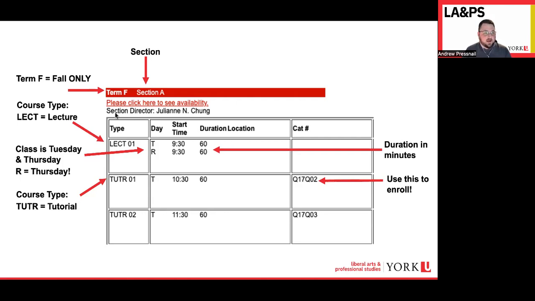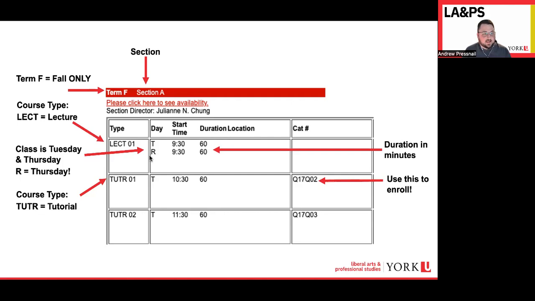So below that, we have the section director. Below here, we find that this course is delivered by a lecturer. The lecture meets on Tuesday and on Thursday. When we see day R here, it indicates Thursday because T was already used to indicate Tuesday.